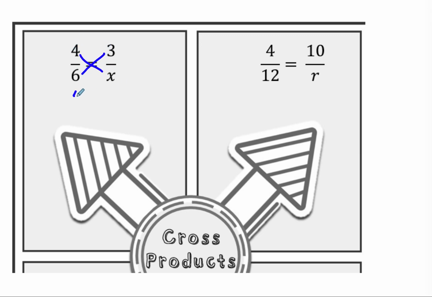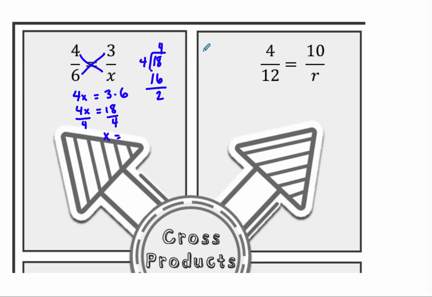All right, so I have 4x equals 3 times 6. And that means 4x equals 18. Then we need to divide by 4. So I'm going to do 18 divided by 4 off to the side. 4 goes into 18 4 times. 4 times 4 is 16.